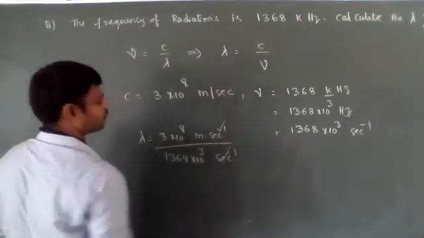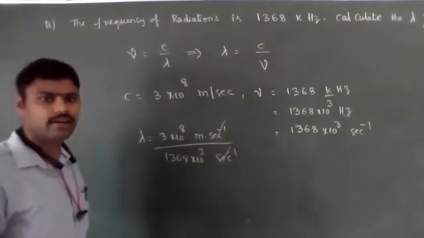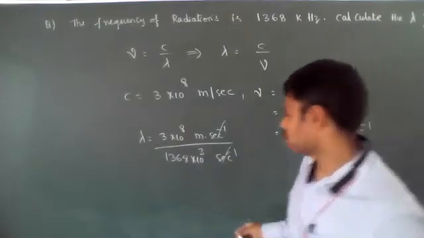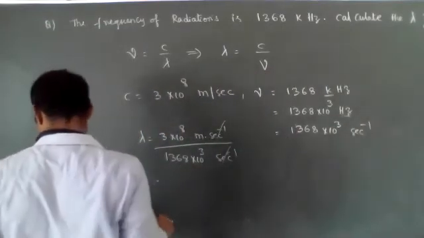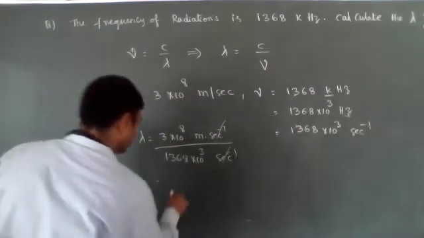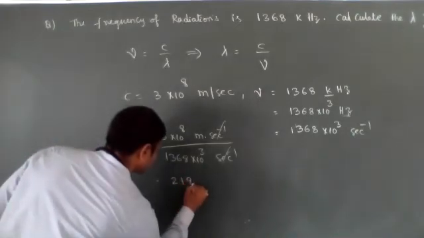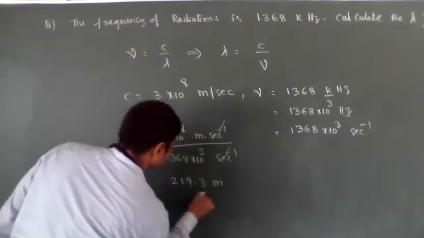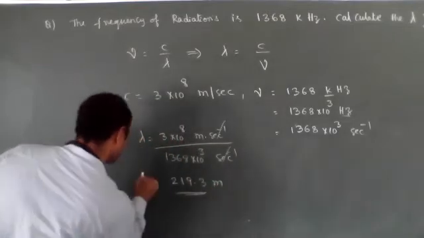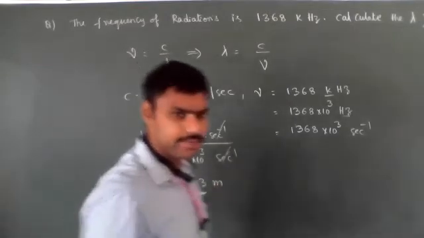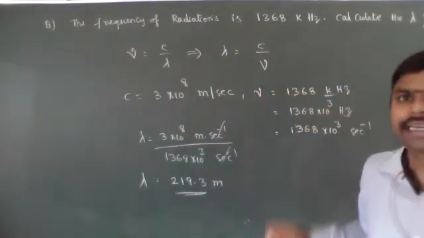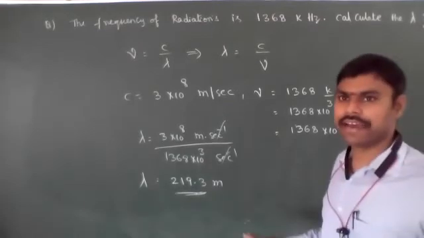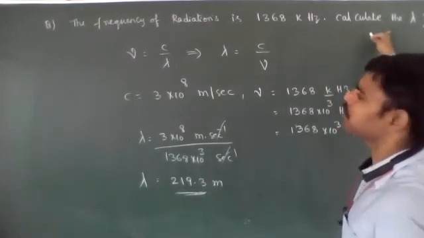The second inverse will cancel, so the resultant unit of wavelength will be meters. After simplification we get 219.3 meters.